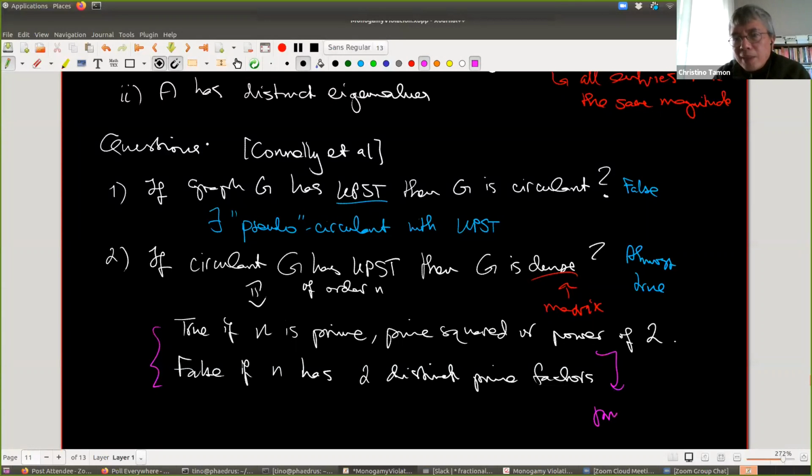So we don't know what happens when n is a prime power with exponent at least 3. So there is this case where we don't know whether it swings to the true side or the false side. So this is still open as well.